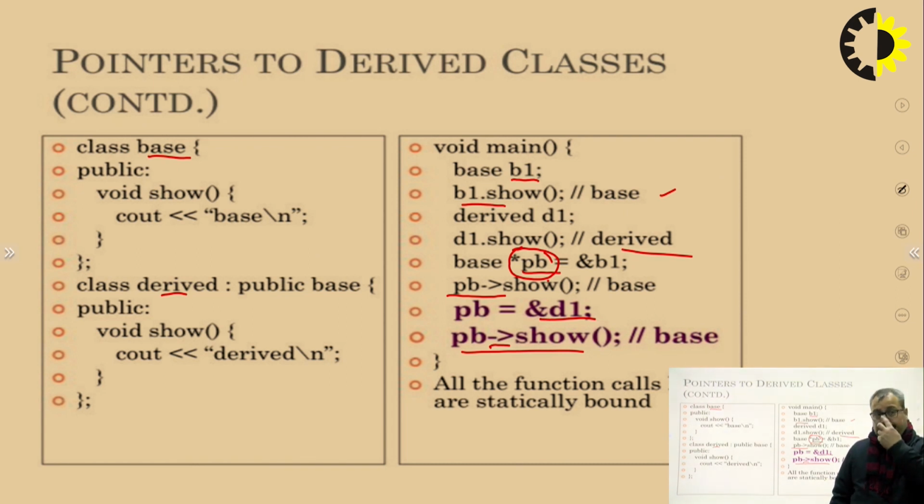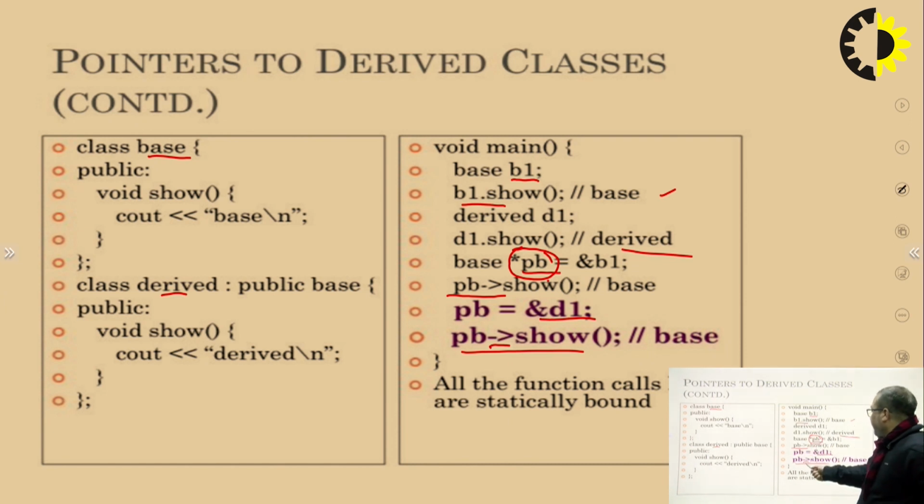Again, let me clarify. We have declared a base class pointer which has the address of a base class object. This pointer to base class is capable of storing the address of a base class object, as well as the address of a derived class object.